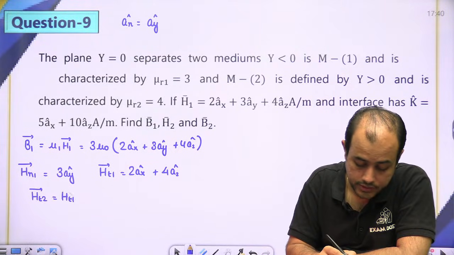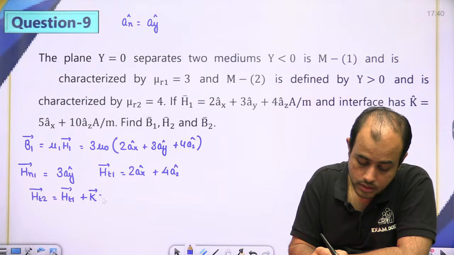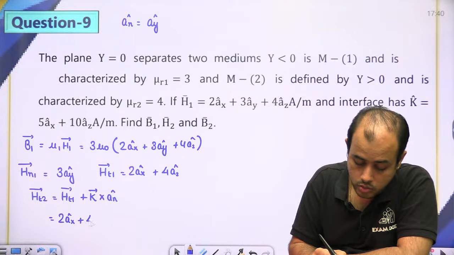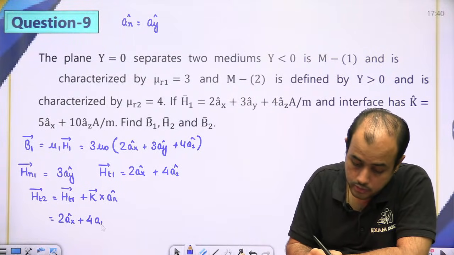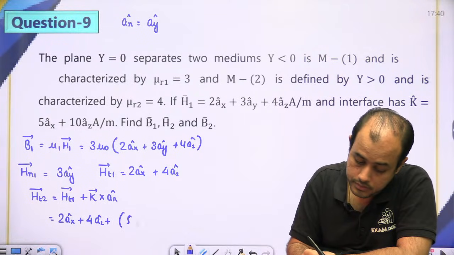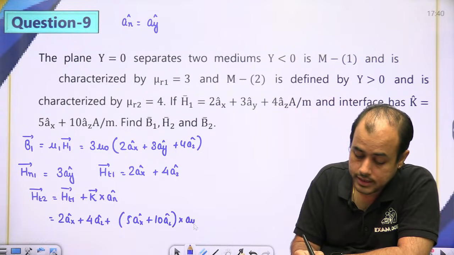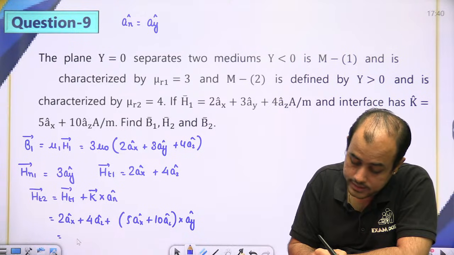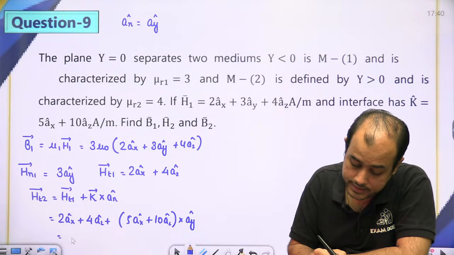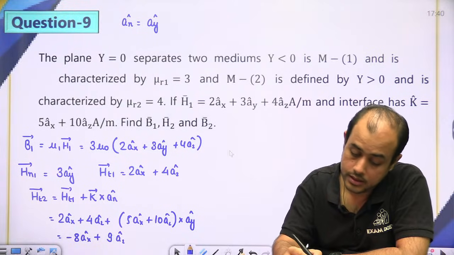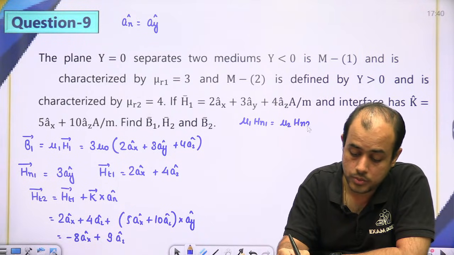So you can say Ht1 is 2ax plus 4az cross ay. X cross Y is Z. Z cross Y is minus X. So minus 8ax plus 9az. Now mu1 Hn1 is mu2 Hn2.